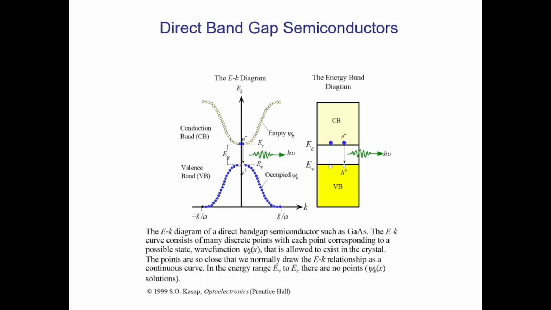So this shows what a direct band gap semiconductor is. We can see that the topmost portion of the valence band and the bottommost portion of the conduction band lie on the same line of momentum. That is a direct band gap semiconductor. This happens normally in gallium arsenide semiconductors.